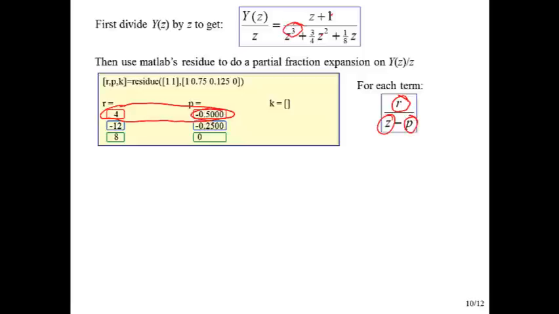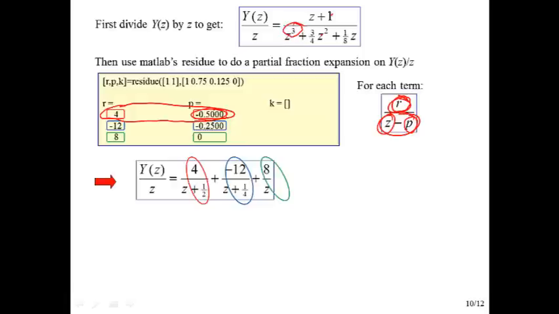So we have a negative 0.5, so we're going to have a Z plus 1/2, and we'll have a 4 up in the top for that term. So each one of these terms will have that structure. I've got it all color coded here. So we've got the 4 and the 1/2, the minus 12 and the 1/4, and then an 8 and a 0. So it's like Z plus 0, right? Okay.